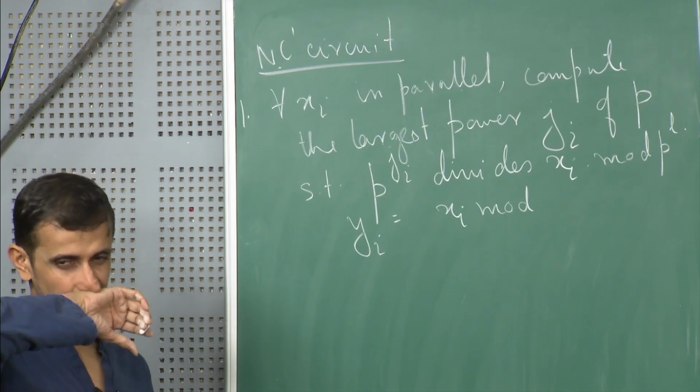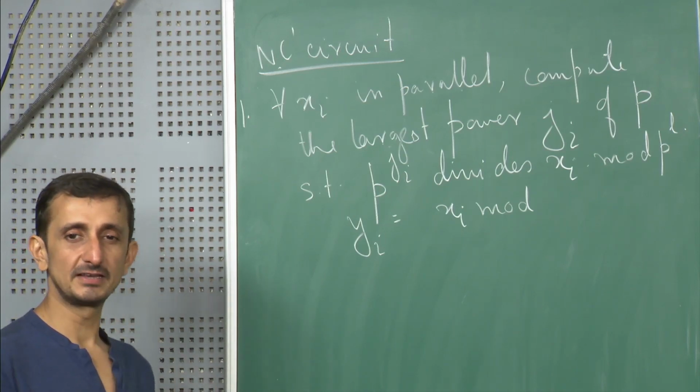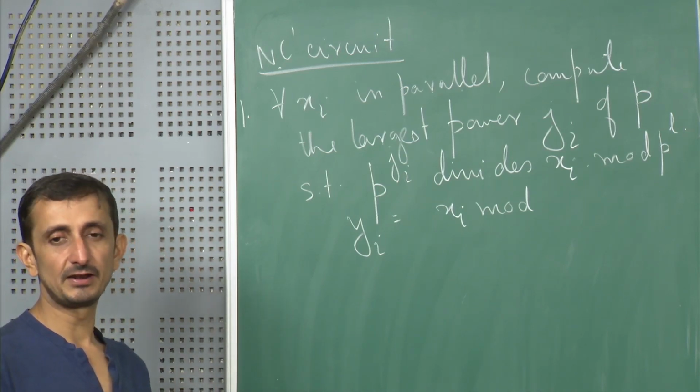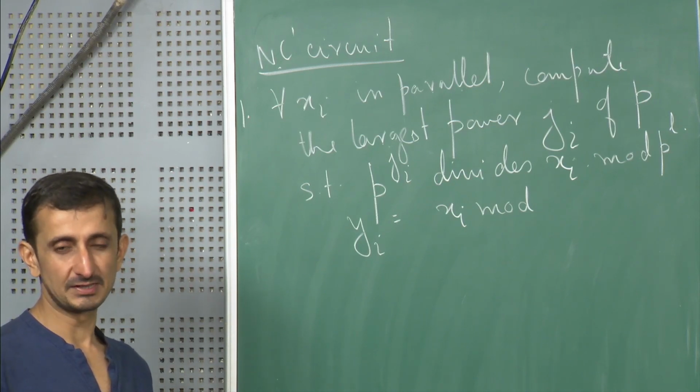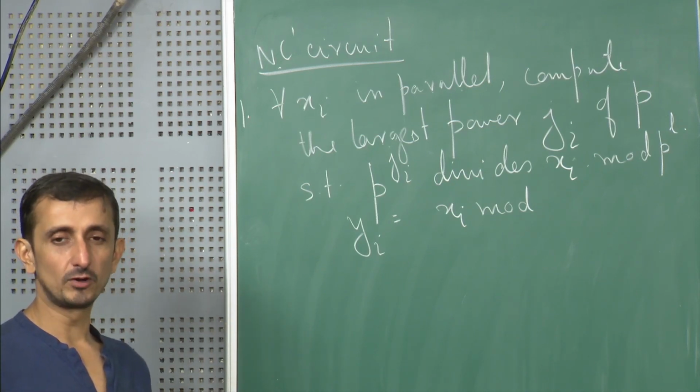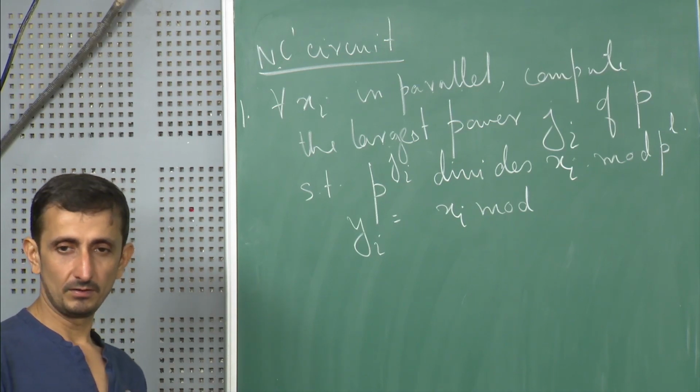If you look at the theorem, it says that you are given x1 to xn and a prime power p to the power l, and you have to compute the product modulo p to the power l.